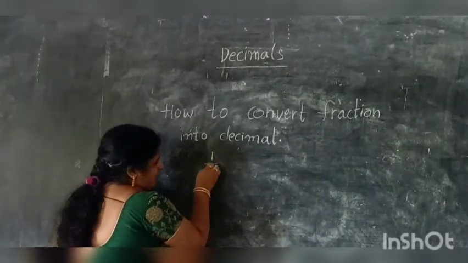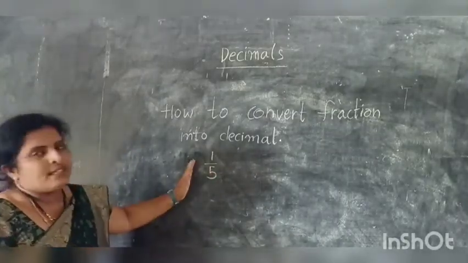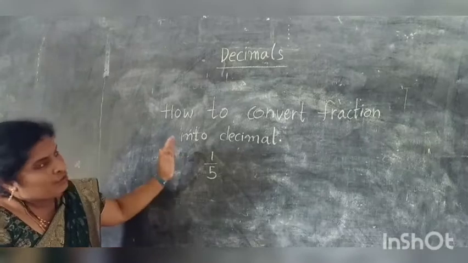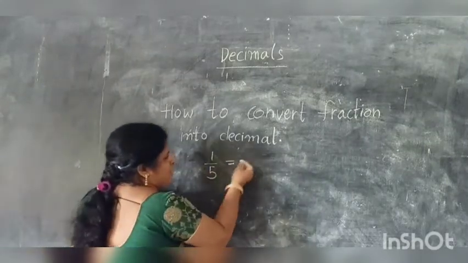I take here 1 by 5. This is the fractional number. You have to convert it into a decimal.